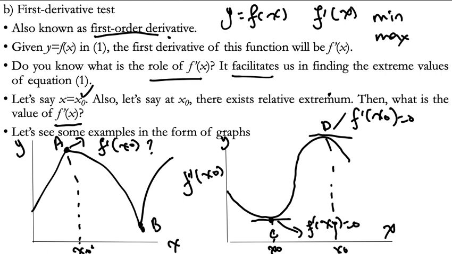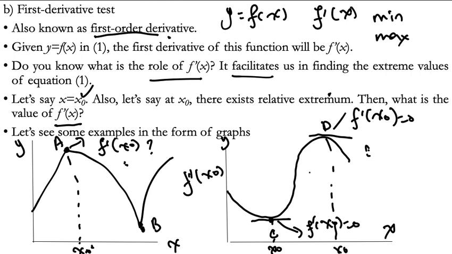Okay? So we can see that if a relative extremum exists, it can be either that f prime x0 doesn't exist, like in the first graph, or it can also be that f prime x0 exists, isn't it? Alright? So from these 2 graphs, we are basically looking at the necessary condition for a relative extremum to exist.